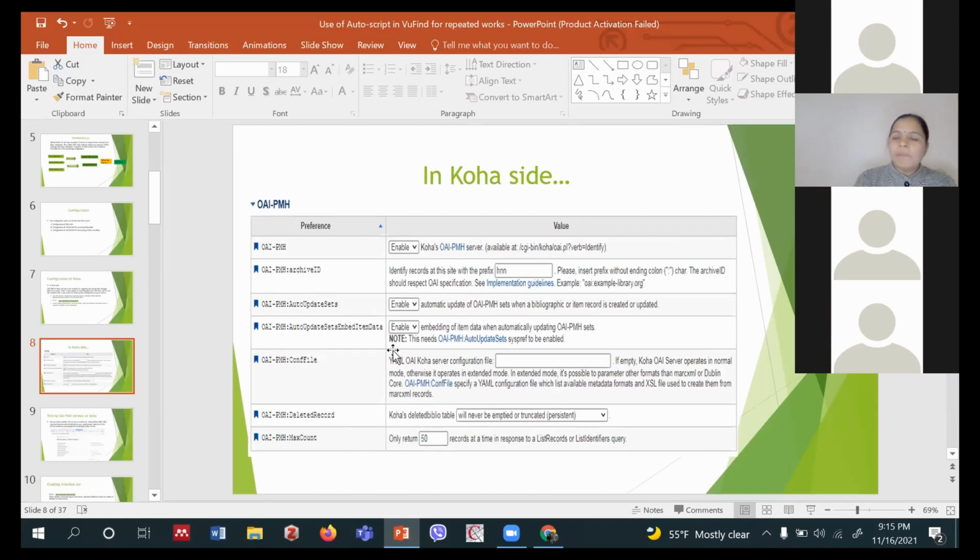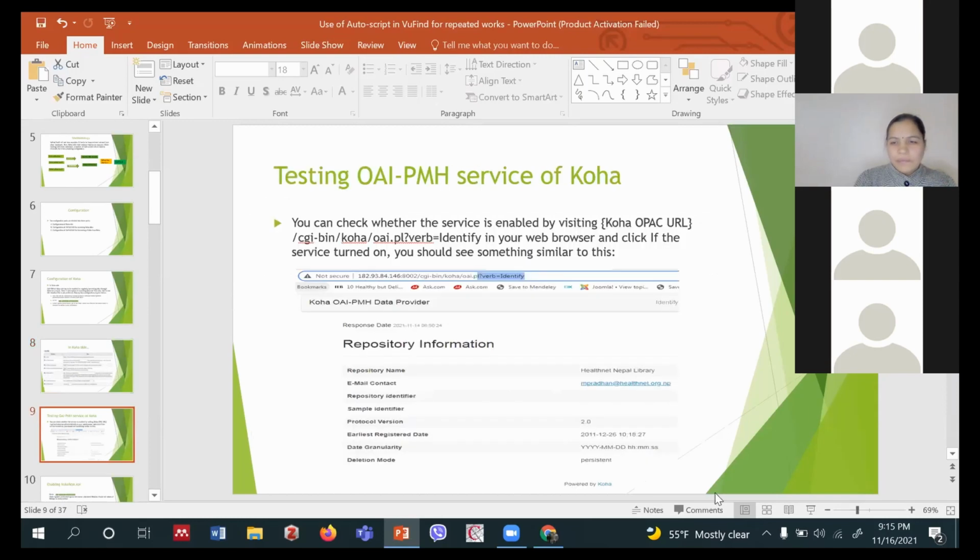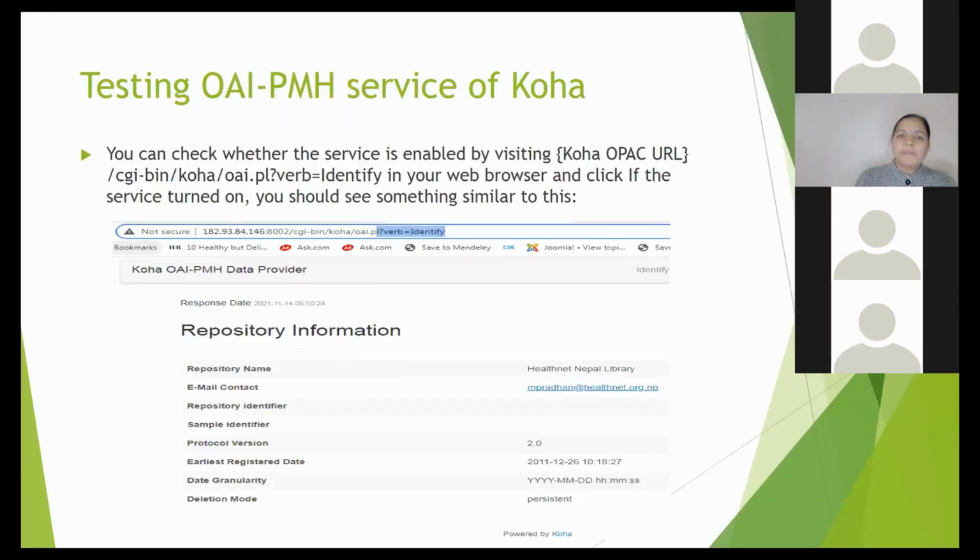After completing this, we can test OAI-PMH through the Koha OPAC URL, and we can see this type of screen.